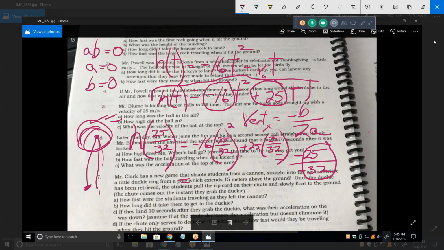Multiply it by minus 16. Negative 12 and a half. And then plus 25 times 25 divided by 32. 625, 25 squared.